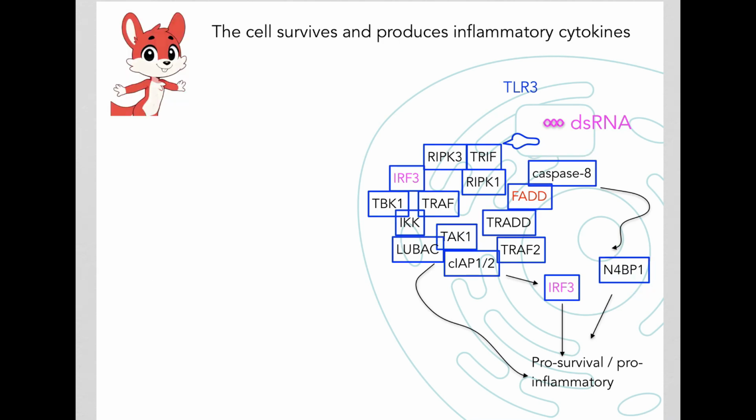So the end result of this pathway would be the survival of the cell, which produces several inflammatory chemicals such as cytokines.